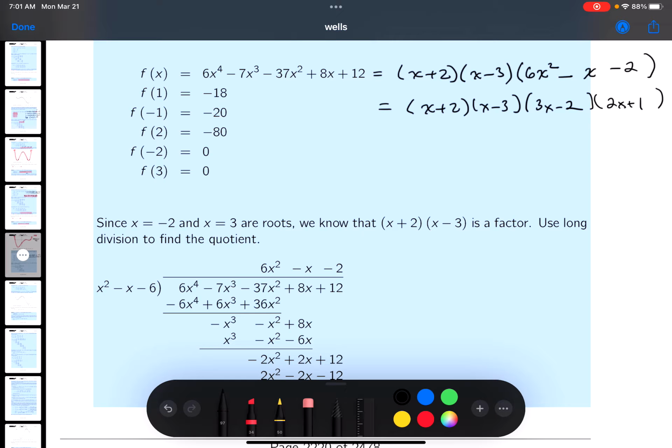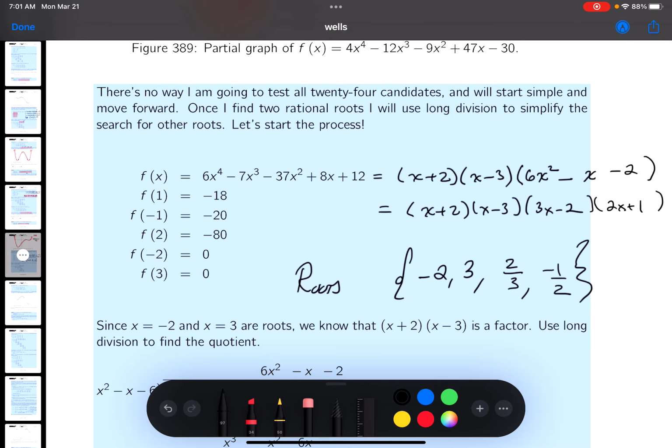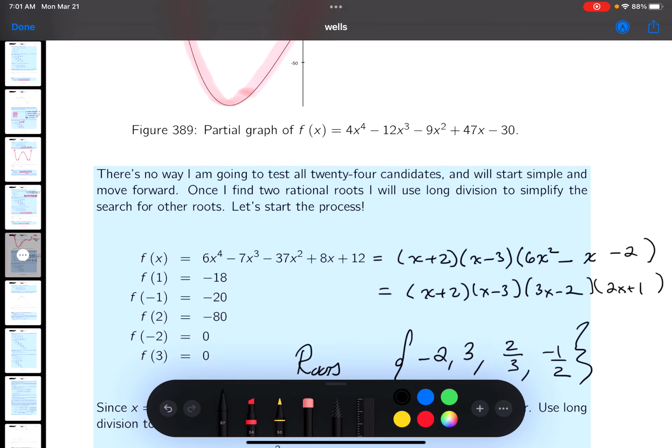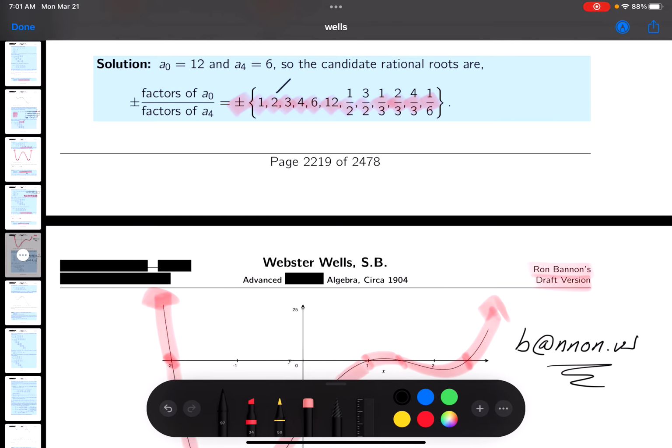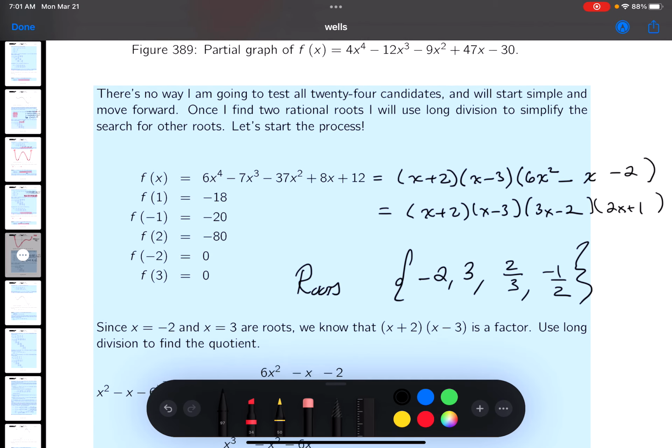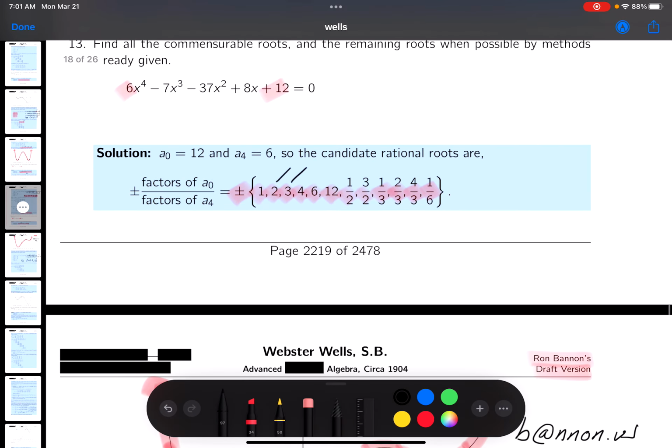These are the roots: minus 2, 3, 2/3, and minus 1/2. Now, I want you to appreciate that these roots are in the list of rational roots, minus 2 and 3, of course. And the other ones, which are 2/3 and minus 1/2, are also in the list.